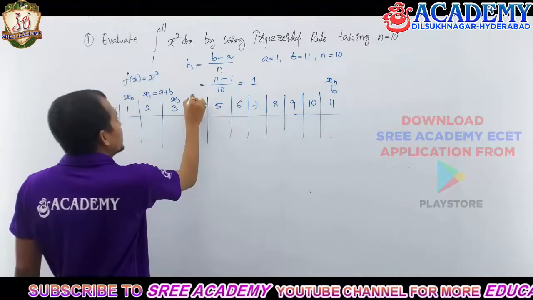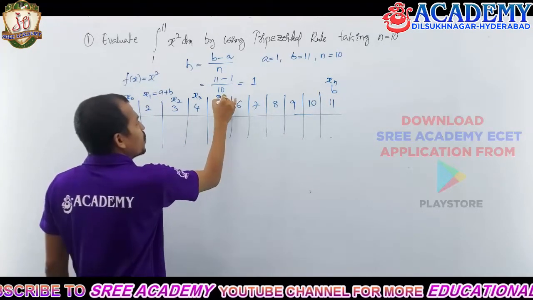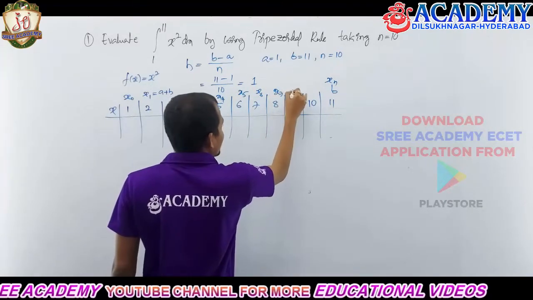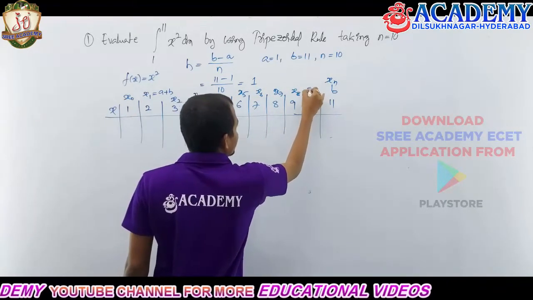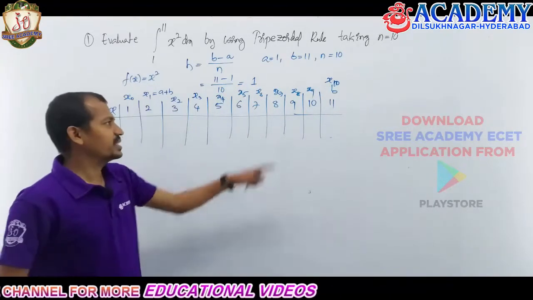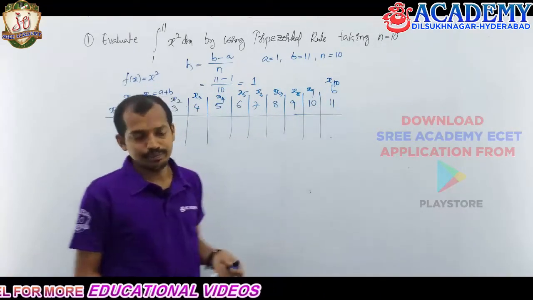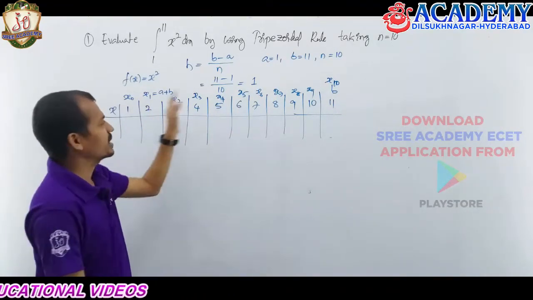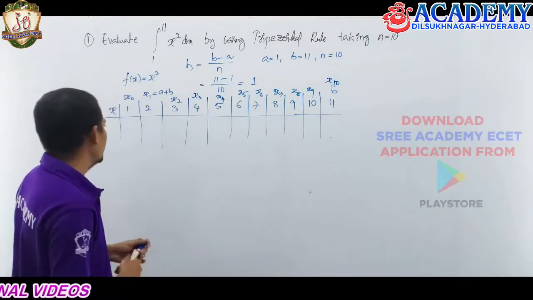If you write x3, x4, x5, x6, x7, x8, x9, then xn, which is x10, is 11. xn is always going to be b.